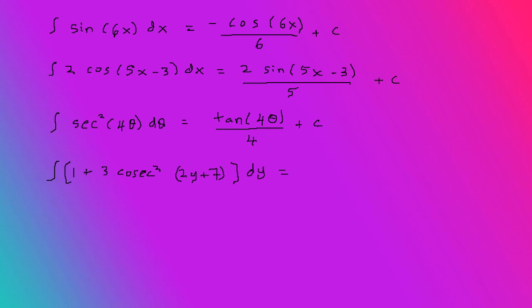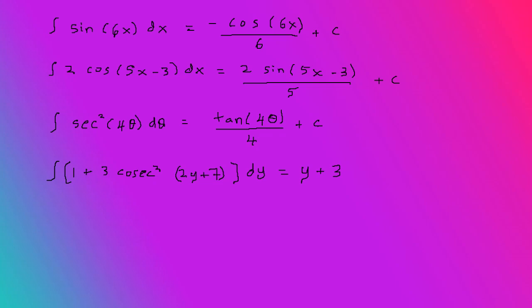Next, integrate 1 plus 3 cosecant square of 2y plus 7. So first we integrate 1. Integrate 1 with respect to y, we will get y, plus integrate 3 cosecant square. 3 is a constant, so we write 3.